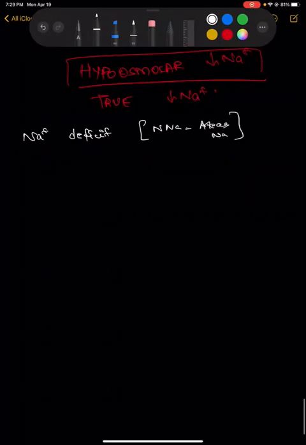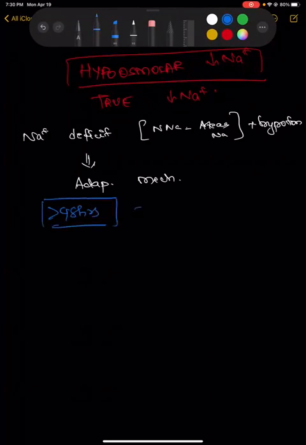Whenever this sodium deficit happens along with hypotonicity, it will lead to the activation of adaptive mechanisms. There are a lot of adaptive mechanisms. If these adaptive mechanisms set in, and by the time the patient's sodium levels are corrected, most of the damage caused by hypotonicity and hyponatremia is reversed. But when it persists for more than 48 hours, that's when we encounter all the complications.